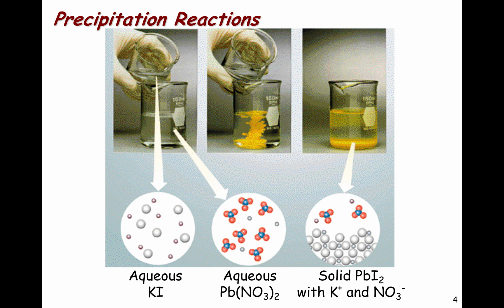This is the lead iodide. After mixing those two solutions and allowing the solid to settle, you would end up with the solid on the bottom of the beaker, as you see on the right, and the potassium nitrate solution, which is the clear liquid that appears on top of that yellow solid.